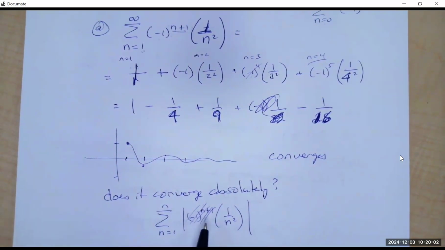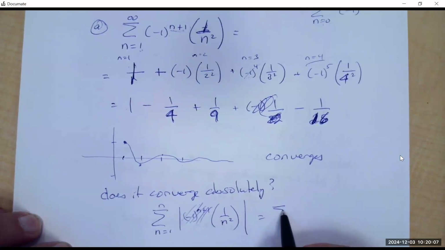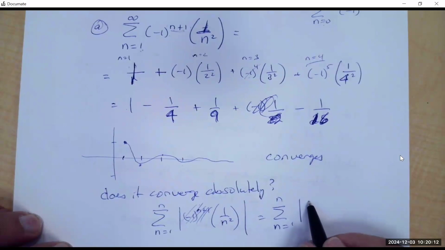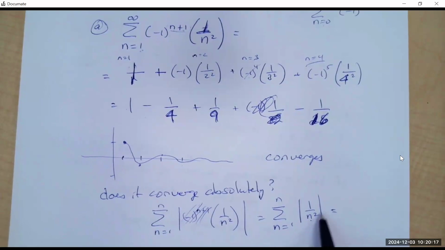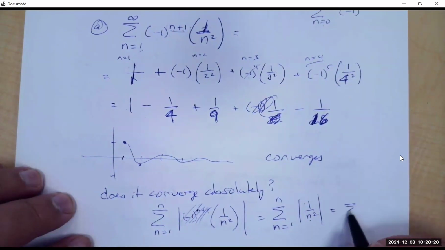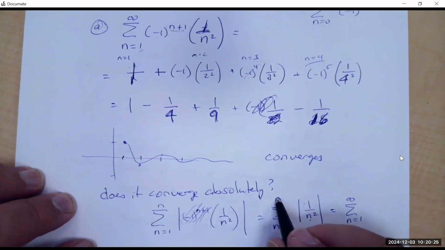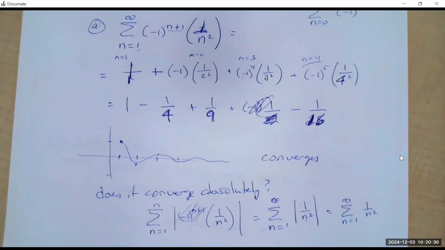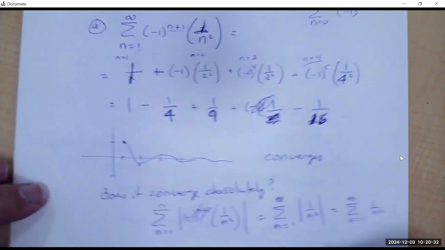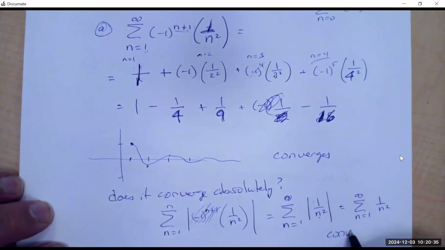Because if we take the absolute value, all this thing does is make it positive or negative. That's all it does. So all we really have is the absolute value of 1 over n squared. Well, this can never be negative to begin with. So we really have 1 over n squared. As n gets bigger and bigger and bigger, this thing converges. So it converges absolutely.